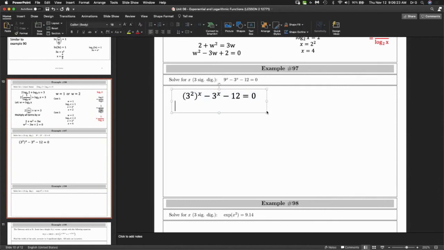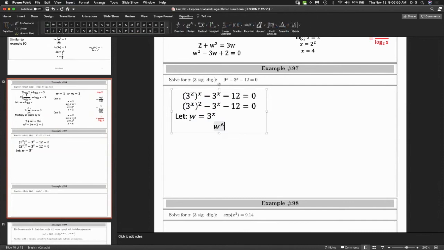And then what you can do is you could reverse the exponents because they're being multiplied anyway. So I'll put the x inside and the 2 outside. And then do a substitution. So you end up with a quadratic equation. And we've solved a bunch of these before.